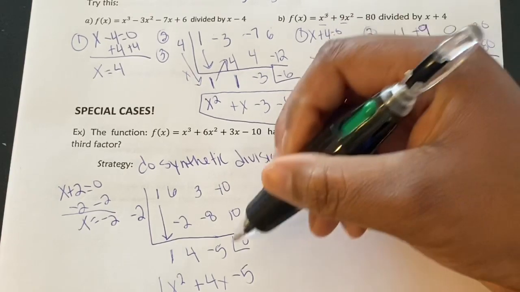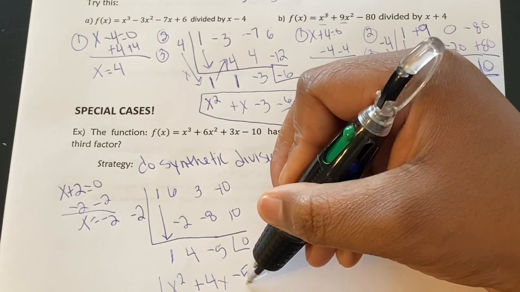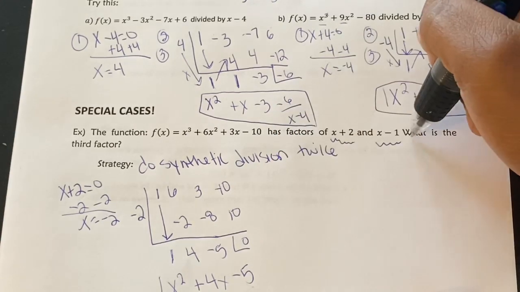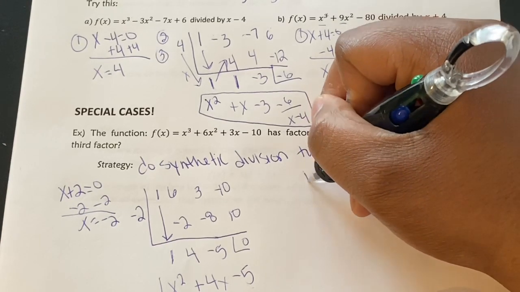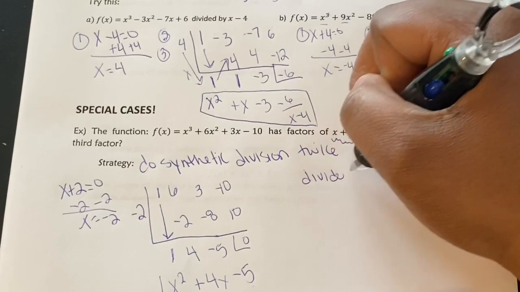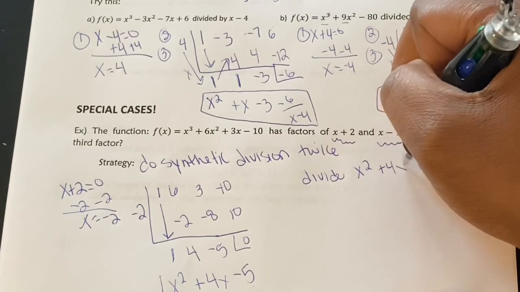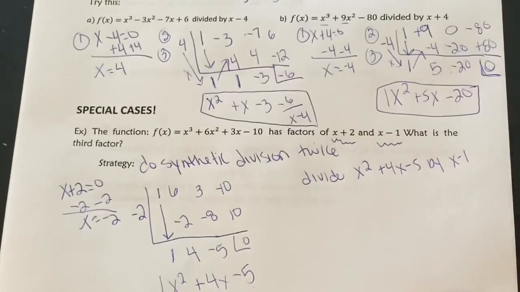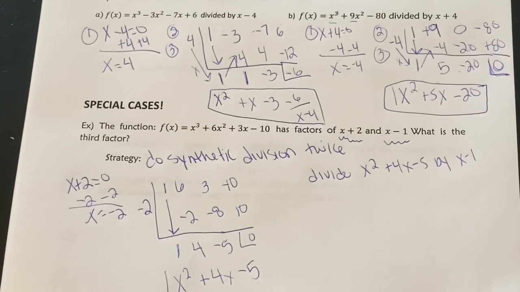So again, I'm taking this x squared plus 4x minus 5, and I'm going to divide x squared plus 4x minus 5 by x minus 1. That's what I'm asking you to do.